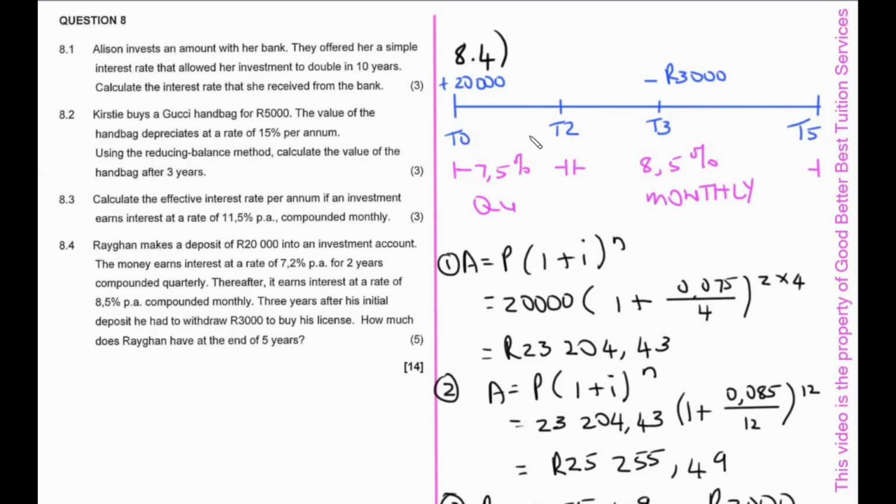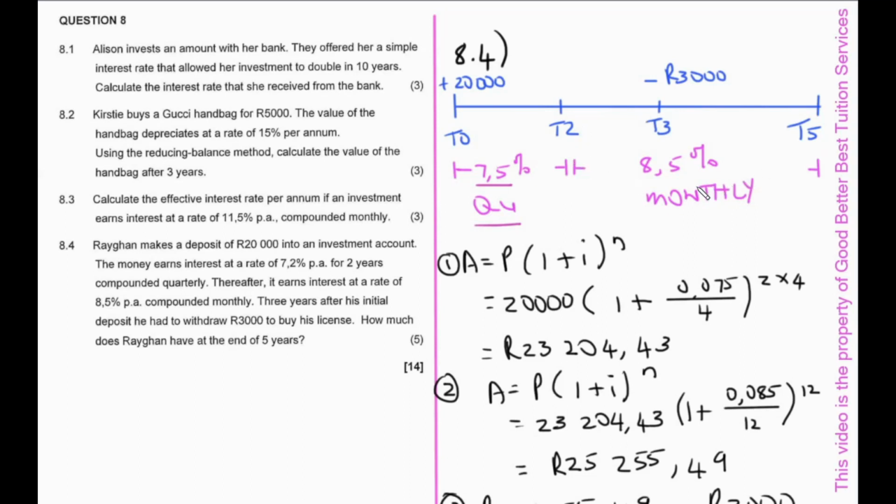So from T0 to T2, the interest that was earned was 7.5%, and they mentioned that it was compounded quarterly. Then, after the second year, the interest rate changed. What did it change to?